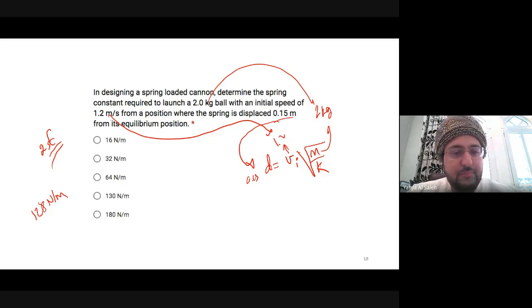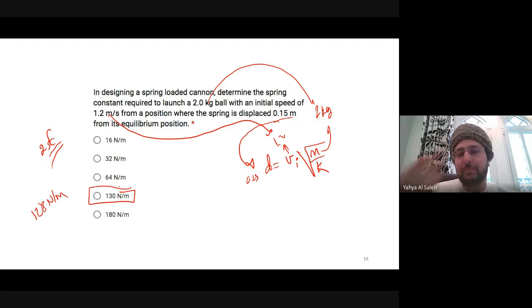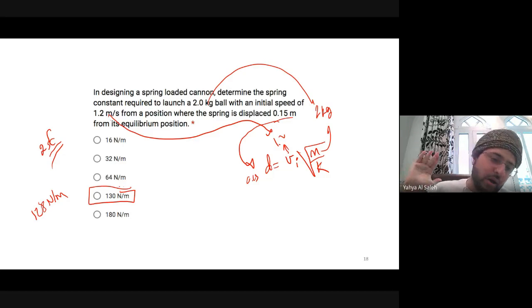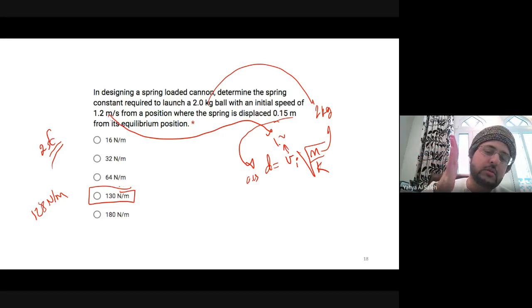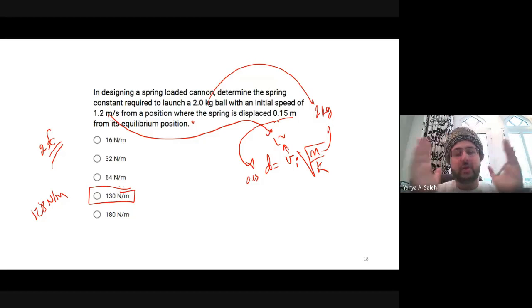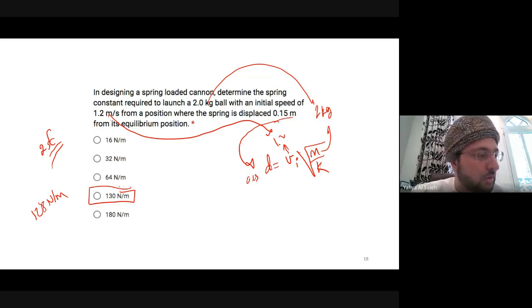Yep. So to two significant figures, it is 130 newtons per meter. So the units of k is newton per meter. I need to push 128 newtons to get 1 meter of compression or of elongation.